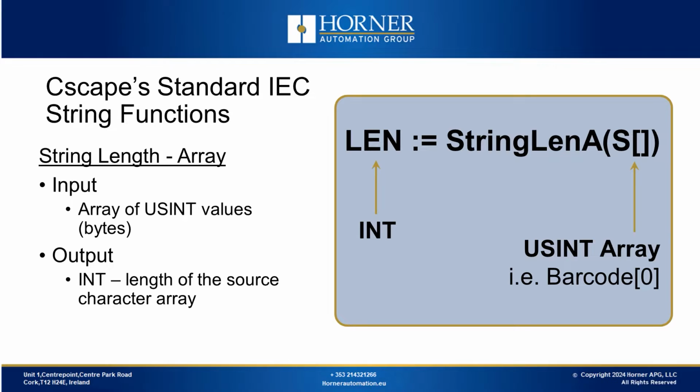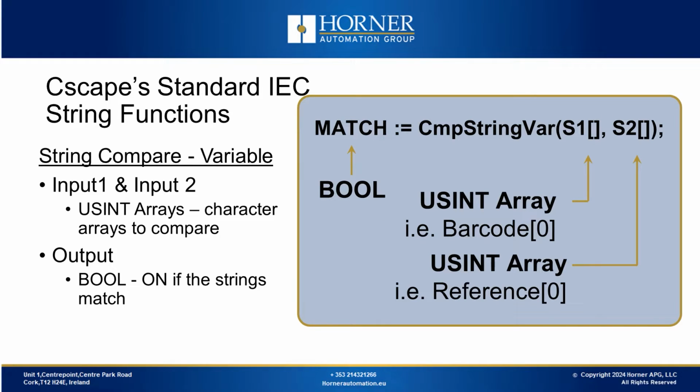Next, we will look at how we can compare strings, such as comparing two different strings to see if they are equal and match character for character. To do this, we can use the compareString function, which compares a string against a variable string. If we look at this function's syntax, we can see that it is written in the form of an assignment statement, where we have a Boolean variable called match, meaning it will be set to either 1 or 0.